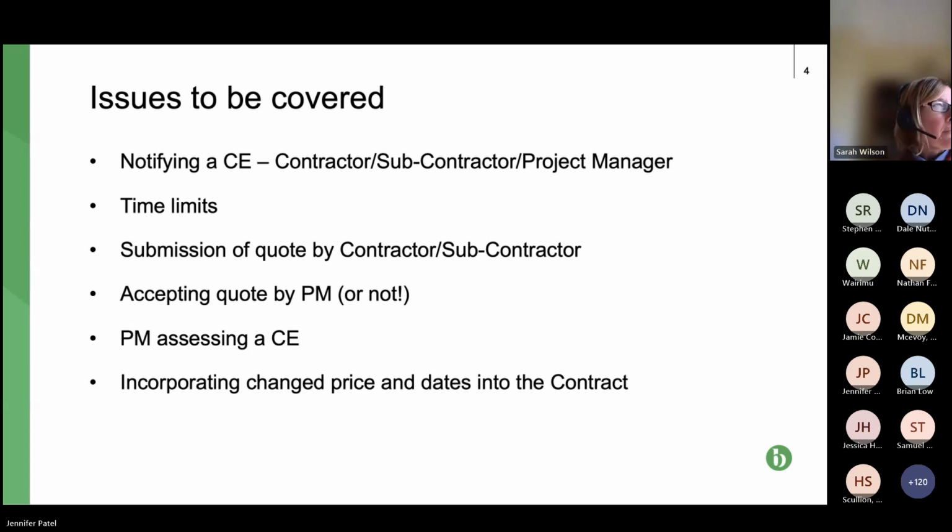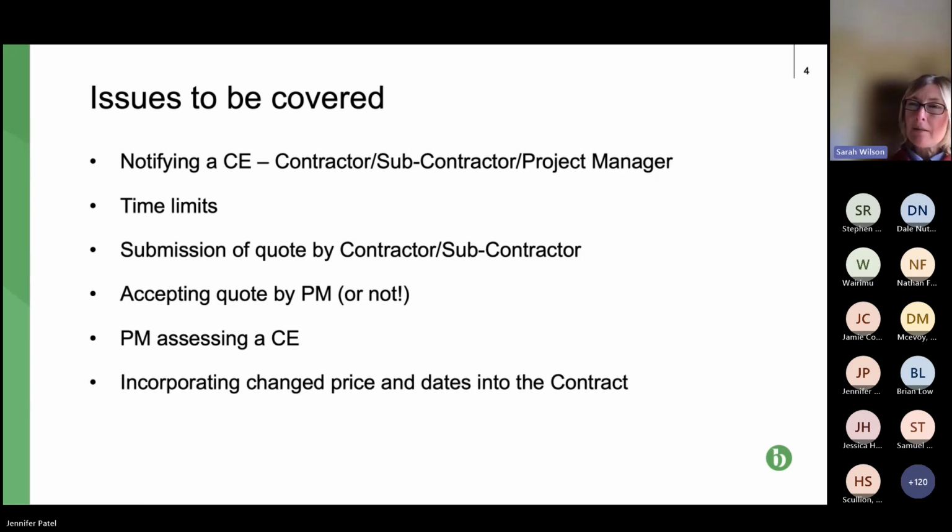And the other point that I was going to make there is that, as regards those three, in some respects it's really convenient because they're all together in the quote in the compensation event. But bear in mind, it's the equivalent under JCT of a variation or a change, which is about clause 5, I think, of JCT, an extension of time, about clause 2.26 of the design and build, and also loss and expense, which is about 4.20.